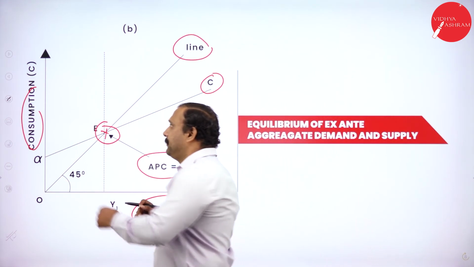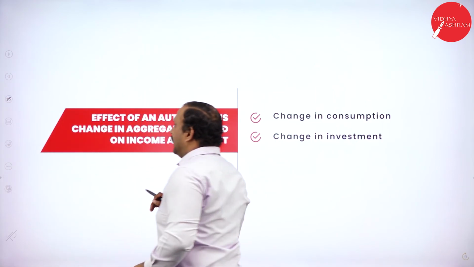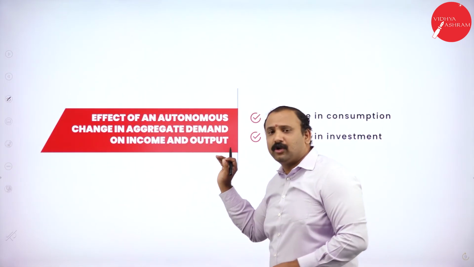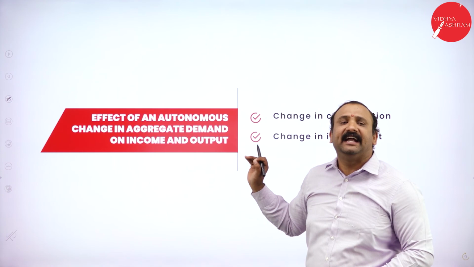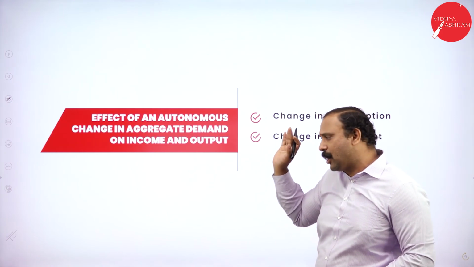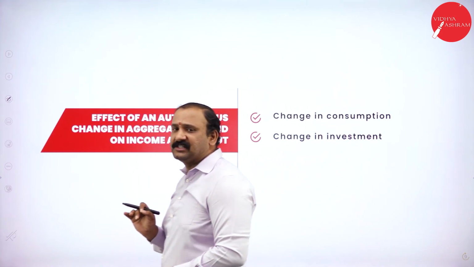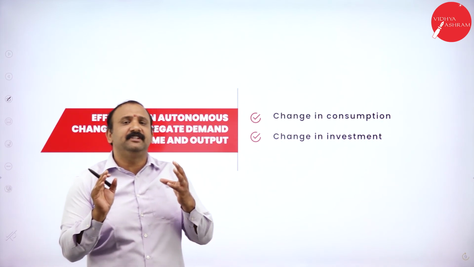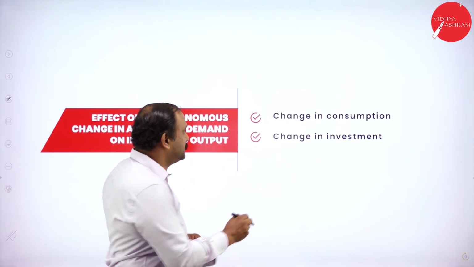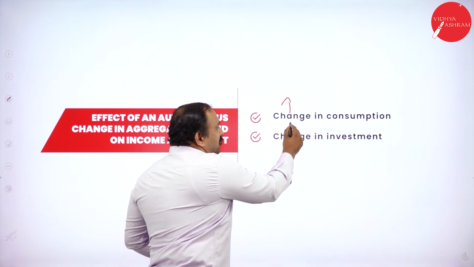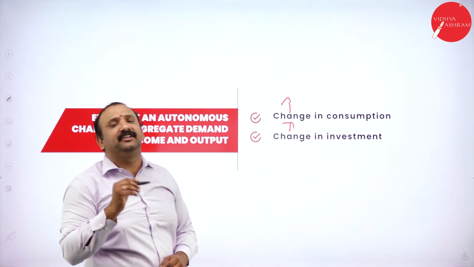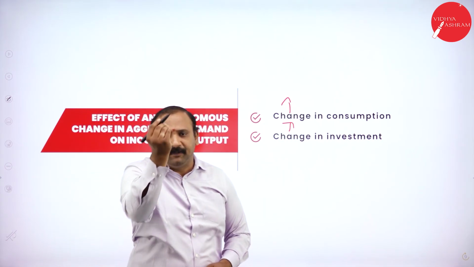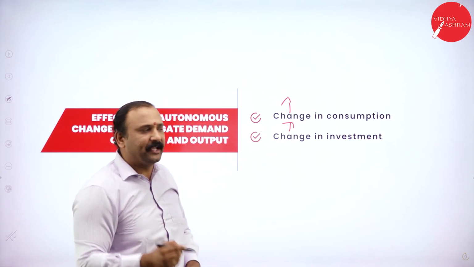Now moving forward, the effect of an autonomous change in aggregate demand on income and output. Now let us try to understand what it is. Change in investment and change in consumption. This is very, very important for us to know. What will happen by the change in consumption? Let me just draw two simple lines for you.